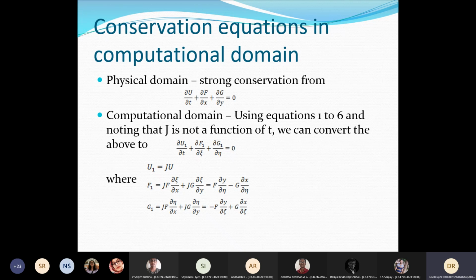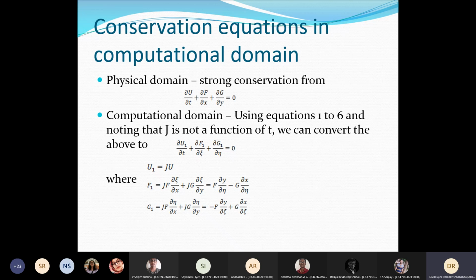The first one is the mass equation, where dou rho by dou t plus something by dou x and something by dou y is equal to 0. You can write the momentum equations, energy, and continuity equation in this form. If you put rho u, the momentum equation can also be written in this form. So together, all the equations are represented by this one equation.